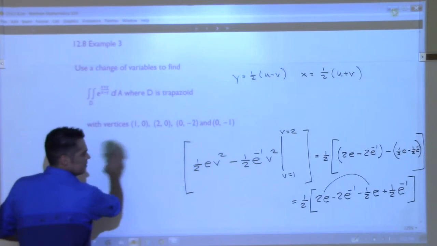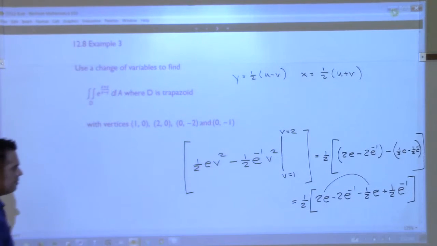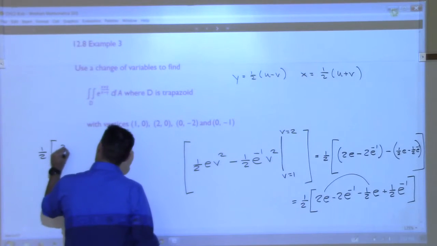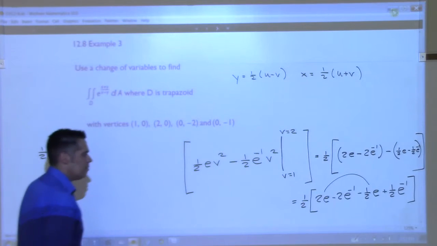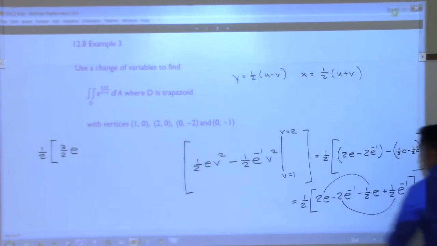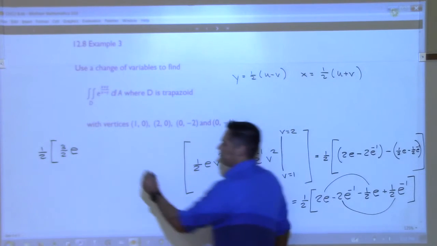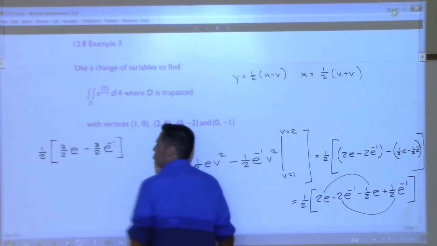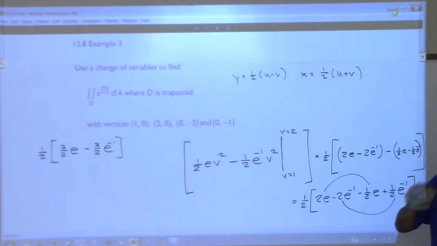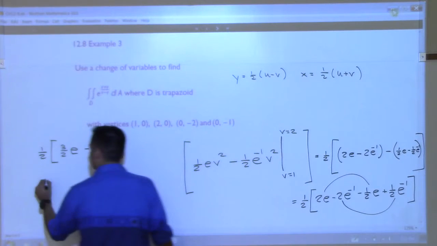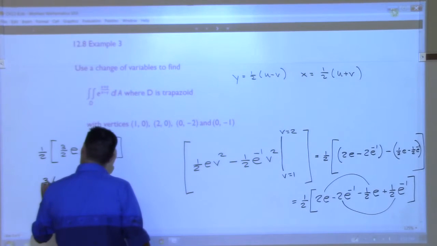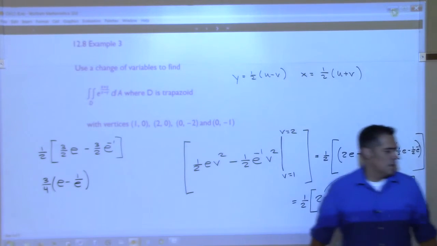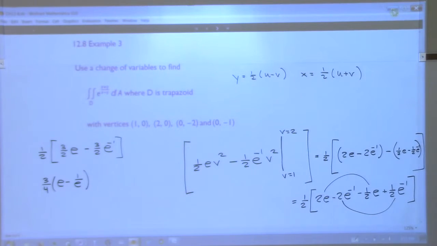It's 4/2 minus 1/2, so 3/2. So we have 1/2 times 3/2 e, and then what about these two together? Minus 3/2 e to the -1. I'm going to pull the 3/2 out. 3/4. That's the exact answer. I finally wrote e to the -1 is just 1 over e.